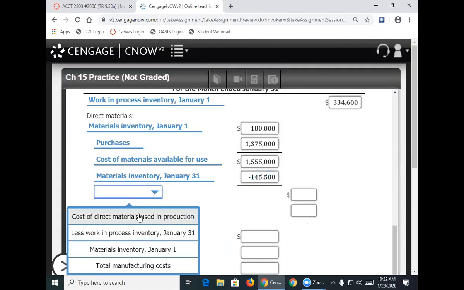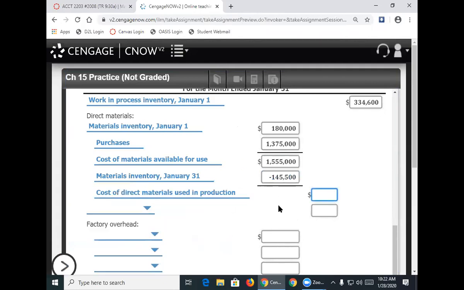So my cost of materials used in production is 1,409,500. And again, we know that because we calculated it right here, and that's what's going into work in process. So that's our direct materials used.